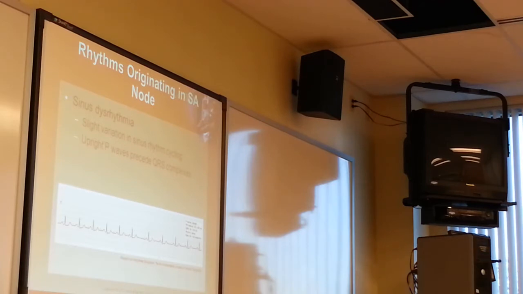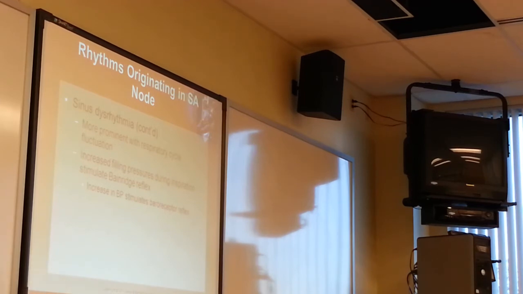Give me the firing of the heart again: SA node, the AV node, through the internodal junctions. Upright P waves precede QRS complexes. Sinus dysrhythmias: we're talking about the SA node, the natural heart pacemaker.